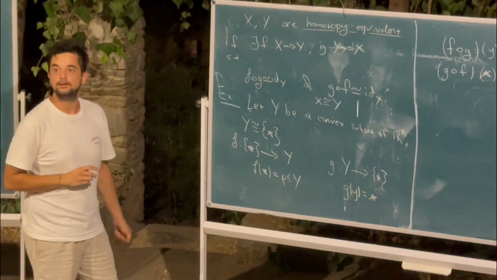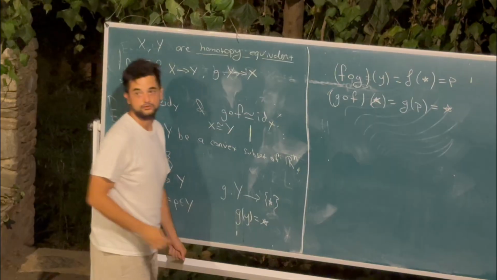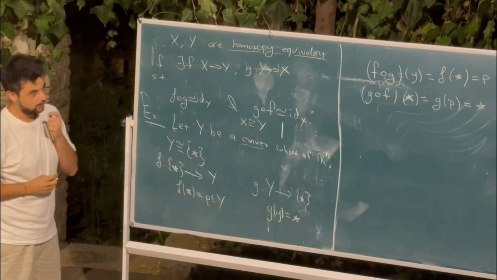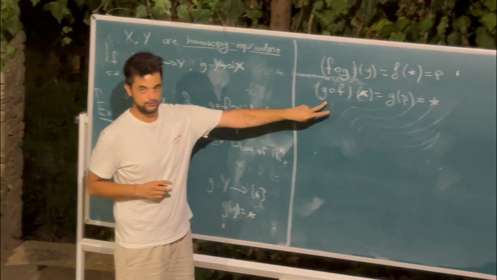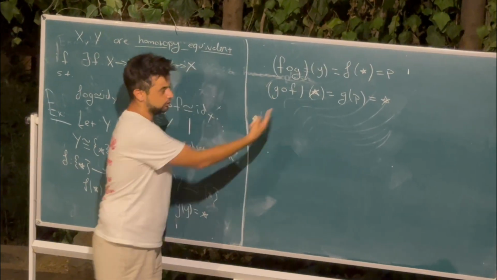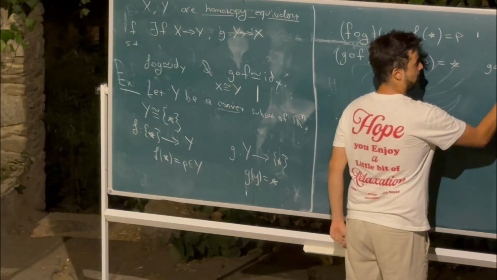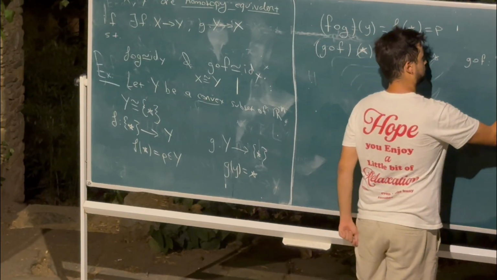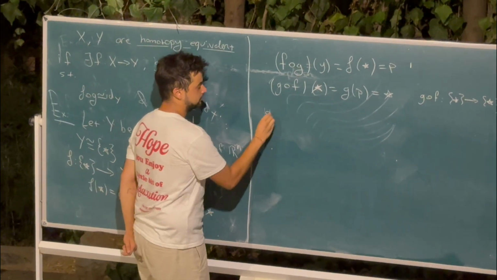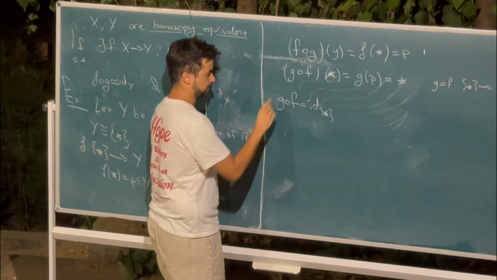What was the definition of convex subset? Convex means if you have 2 points in the set, every point in between is also in your set. We are so lucky because this composition is identity. Because there's only 1 point, this g of f is a map from star to star. Well, it is the identity map, so this is the identity of star already. So we don't need to do anything about this.